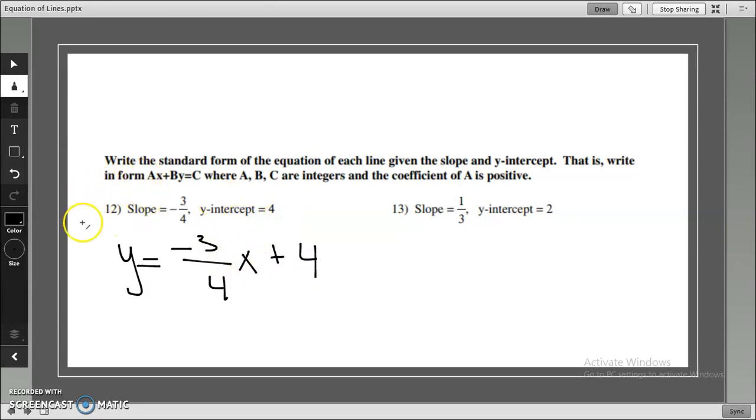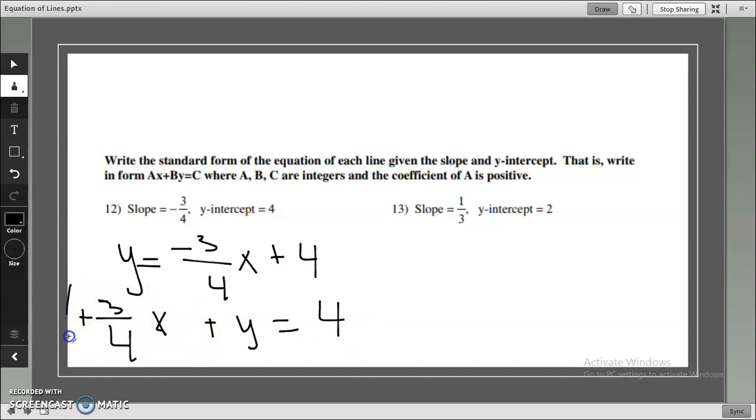I'm going to move my x to the other side. So it's going to give me -3/4 x plus y equals 4. And that's actually going to change it to positive. I apologize, I should have written it out. All right, so add 3/4 x to both sides. And so now it's in fraction. It has to be an integer. So how can I get rid of this fraction here?